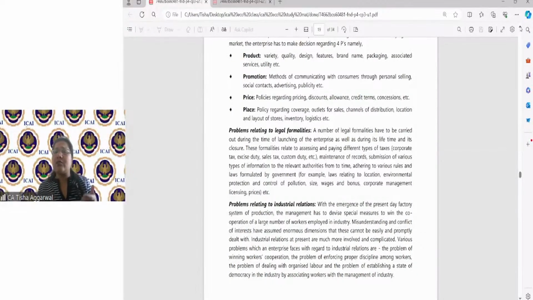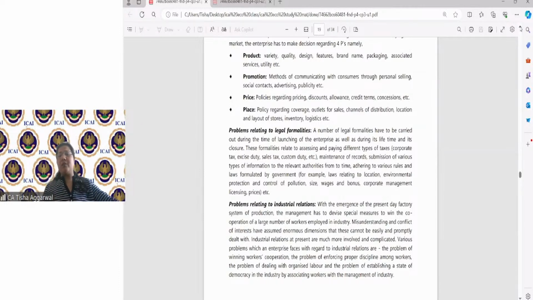The problem that comes in the industries nowadays is this, that the workers and the employers have a very conflicting behavior. There's a great misunderstanding. There's a major conflict of interest. The things are getting much more complicated. The major problem here says that an equilibrium has to be maintained.